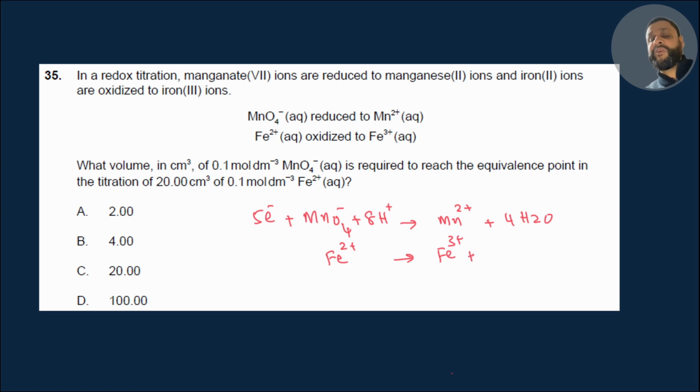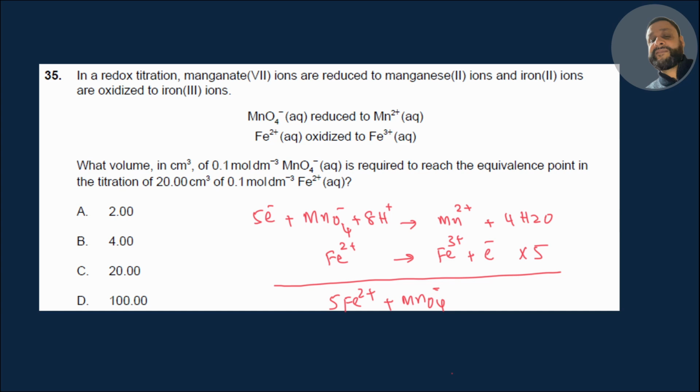So if we add 1 electron on the product side, then the charge is balanced on both sides. The reduction half needs 5 electrons, and the oxidation half is giving 1 electron. So if we multiply the second equation by 5 and add them together, the electrons will cancel with each other.